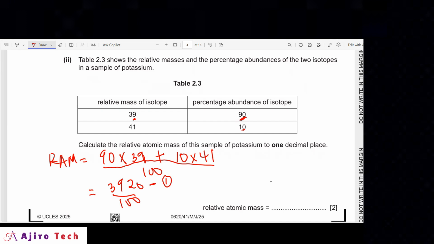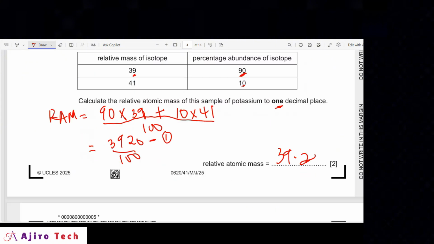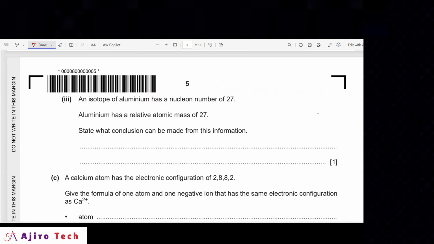When you divide this, we have 39.2. That is how to solve the question on relative atomic mass. Just make sure you show the steps that you took to get the answer, and of course, it says it has to be in 1 decimal place. So this is the result in 1 decimal place. They are quite easy questions. All right, so go to the next one.